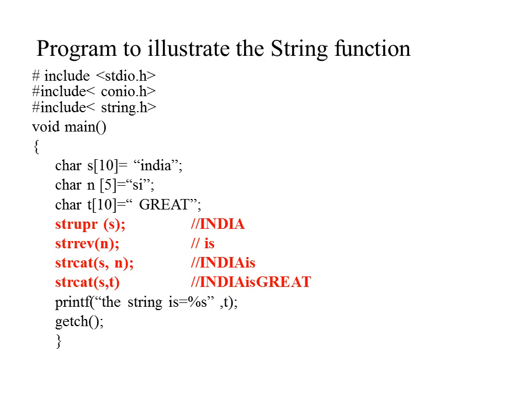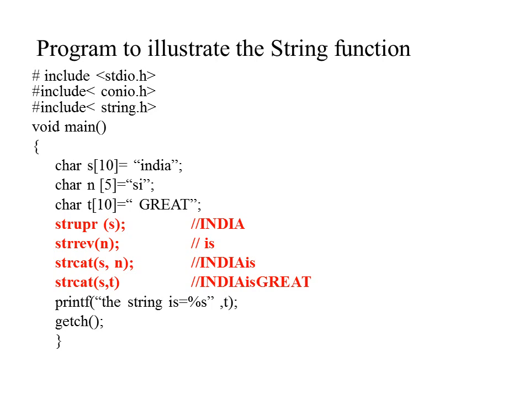Then within main, I have declared 3 different character arrays, or strings, whose names are s, n, and t. The elements are declared at the same time. They are initialized as follows: the s array consists of the elements India, the n string consists of the elements si, and the t string consists of the elements grad.